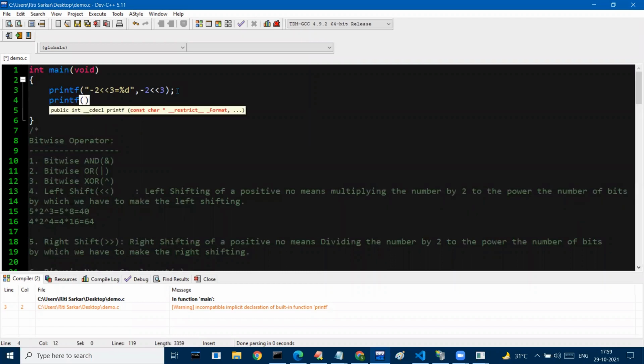Printf minus 1 right shift by 4 is equal to percent d. What is our answer? Minus 1.